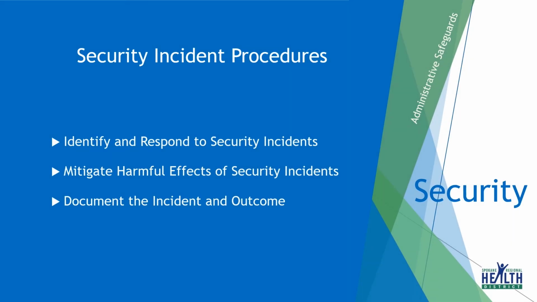Policies and procedures must be implemented to address security incidents at SRHD. Specifically, the HIPAA Privacy and Security Officer, or designee, needs to identify and respond to suspected or known security incidents, mitigate the effects, and document the outcome.